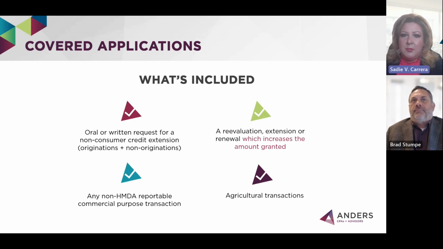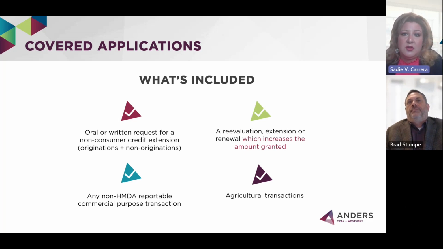Some examples of non-HMDA reportable commercial transactions: how about those construction phase business purpose applications or loans? How about those business purpose applications that met that temporary definition under HMDA, where it was going to be satisfied and replaced by permanent financing at a later time?